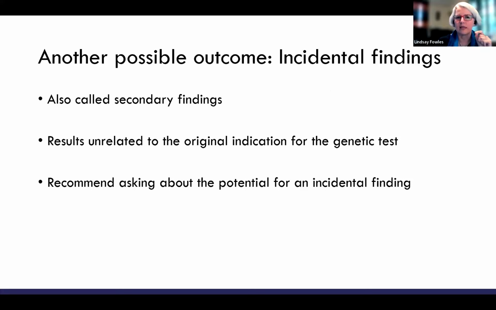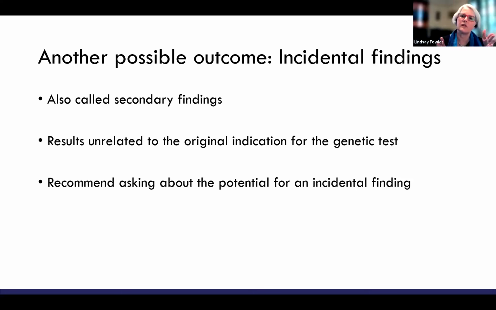There is another possible outcome, and this is with our development of the technology where now we can test lots and lots and lots of genes all at once. In the past, we used to just test 1 or 2 genes at a time, and then we sort of started testing more. And sometimes now we'll even test quite a lot.